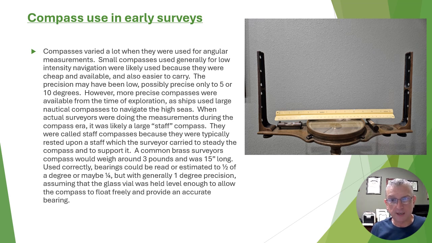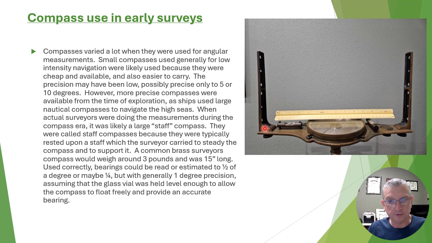You'll see in this diagram, there are bubbles, vials, level bubbles in both planes, or both directions, one on either side. So it had to be level front and back and level left to right in order for the needle to freely float. Wow, a lot to go by just to get what we consider now to be a crude bearing.